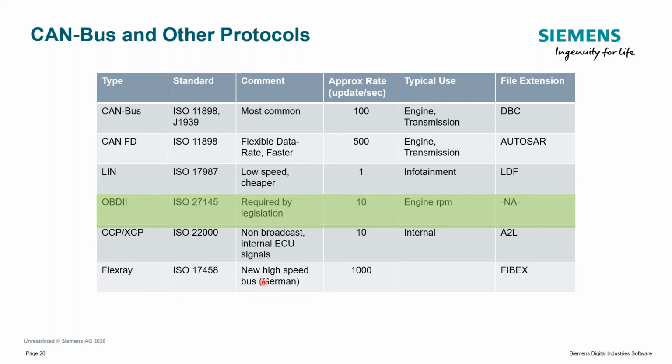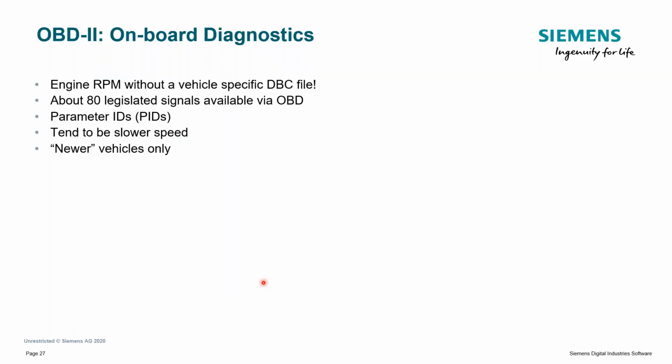Another type of bus you'll hear about is OBD2, which also has an ISO standard. It's required by legislation to be on gasoline engine cars for emissions testing. I was going to explain a little bit about that because it's kind of interesting. You have your engine RPM. The nice thing about this is OBD2 broadcasts engine RPM as well.